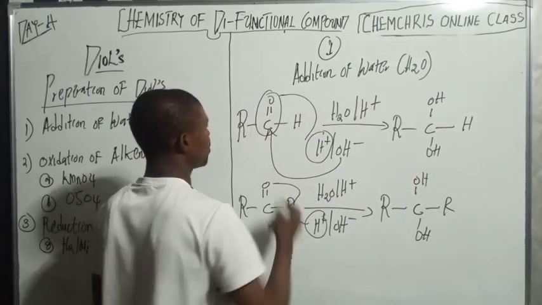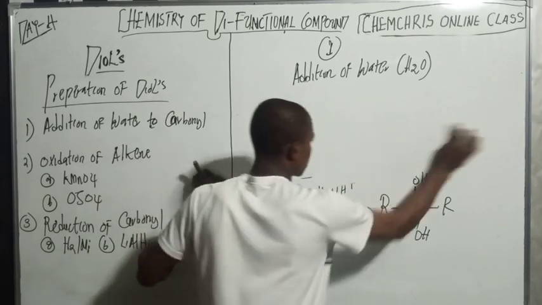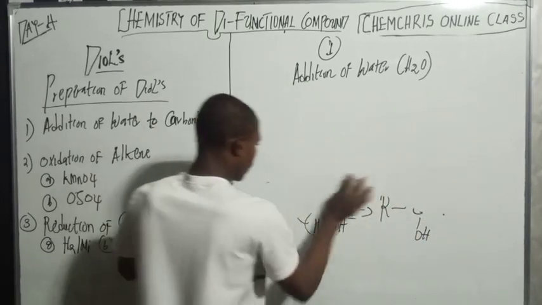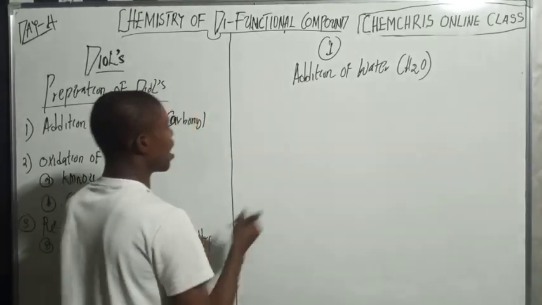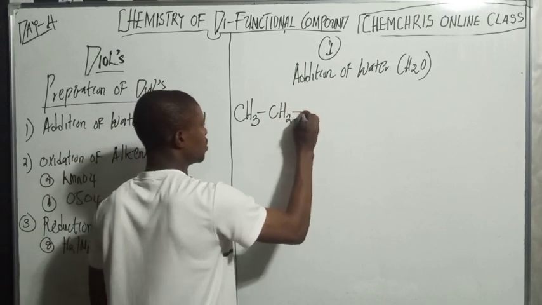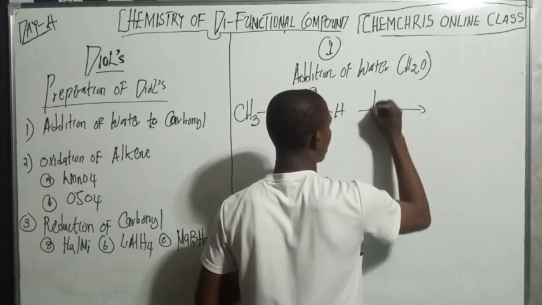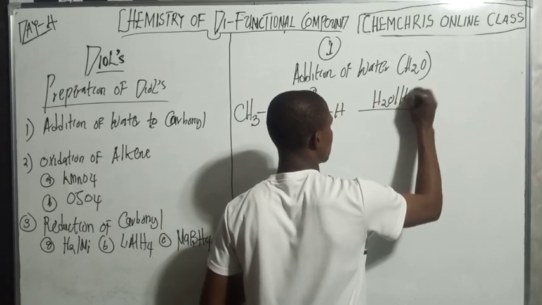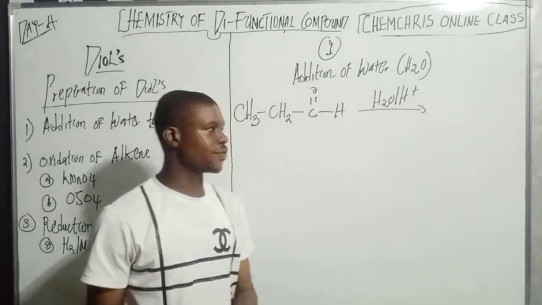Now let's look at a typical example. If I have CH3, CH2, CHO, and you are adding water with an acid catalyst, it's very easy. What will be the product of the reaction?